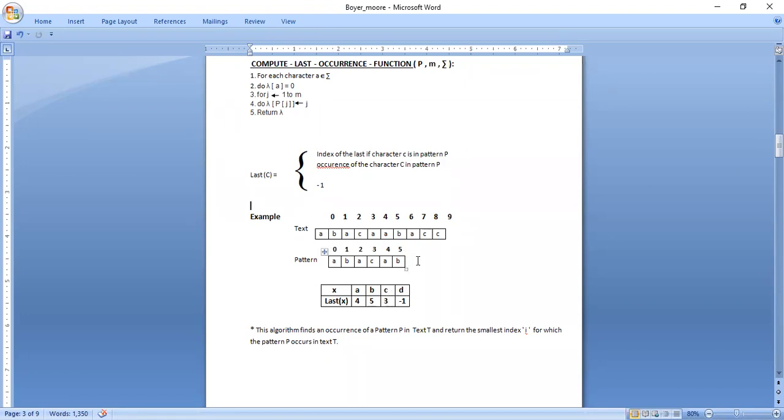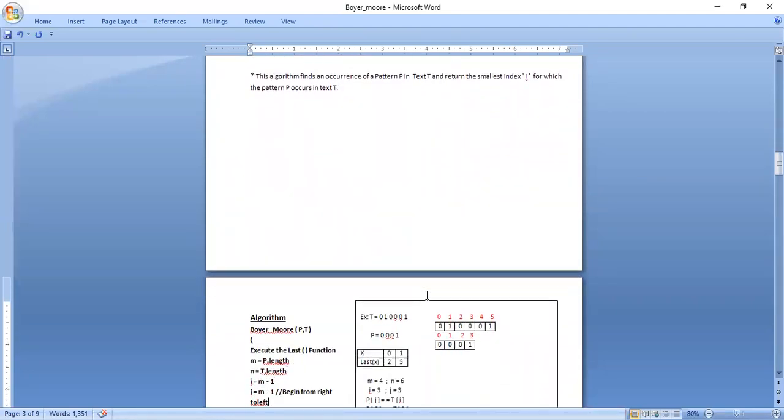D doesn't exist anywhere, so we take its last value as -1. So by using this last function, we are going to implement the algorithm.